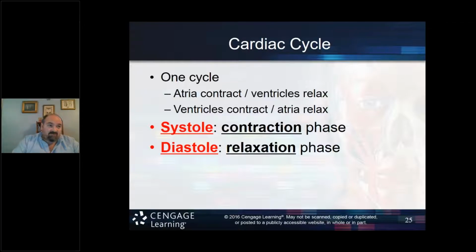Within the first month, contractile cells are developing, and then we'll have the actual heart beating throughout all of the circulation, and it doesn't stop until the day that we pass from this life to whatever's next afterwards, right? So knowing these terms, systole and diastole, is very important. Know that atria contract while ventricles relax, then we have ventricular contraction and atrial relaxation.